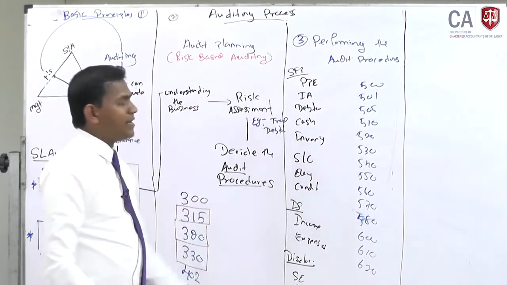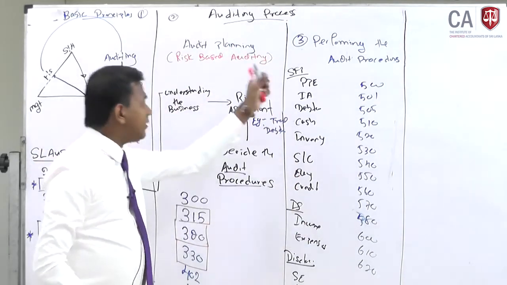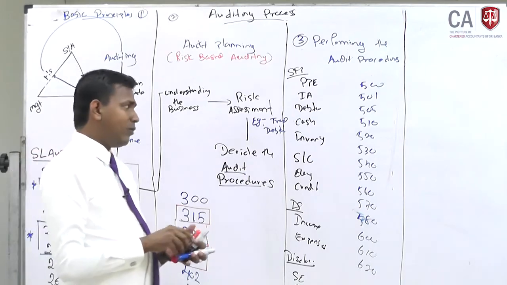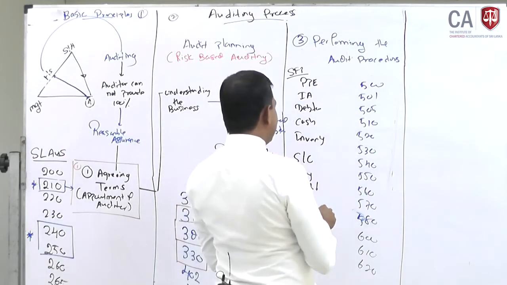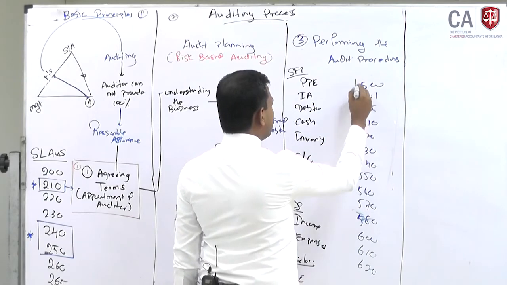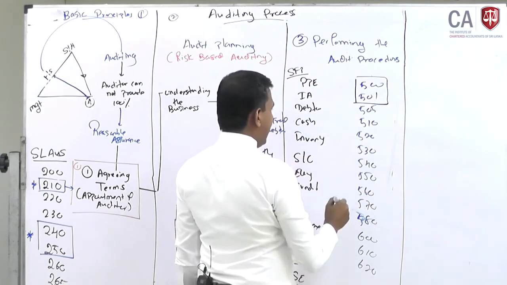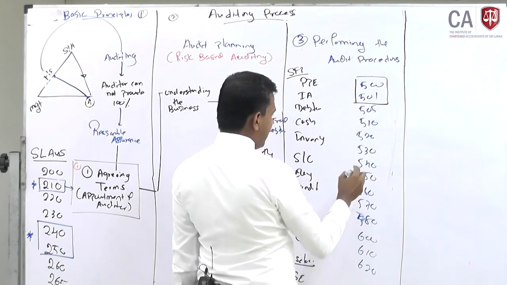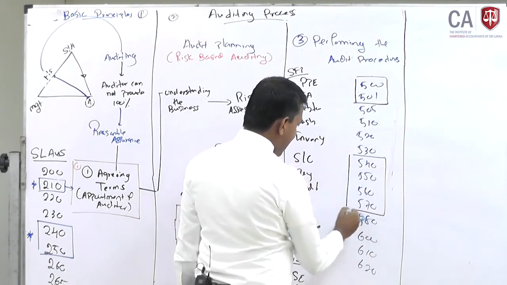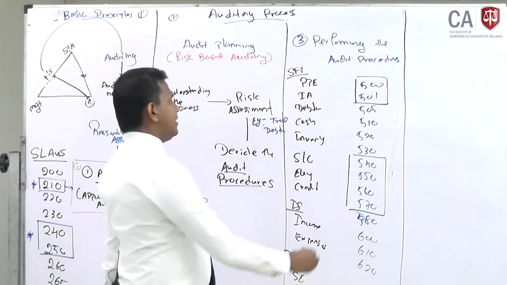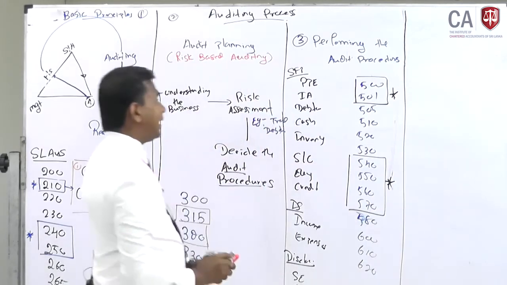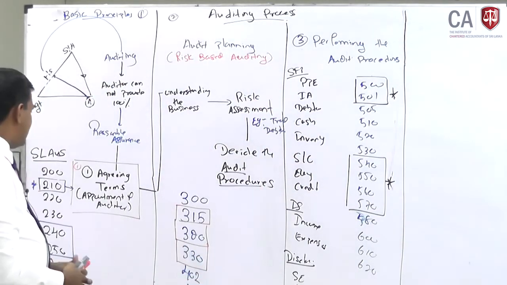All these standards are applicable for this particular segment, but in this segment there are key standards which I want to highlight to you. These two are important for you, and then 540, 550, 560, 570. These standards are important in terms of your examination. So I will be taking you through the discussion.